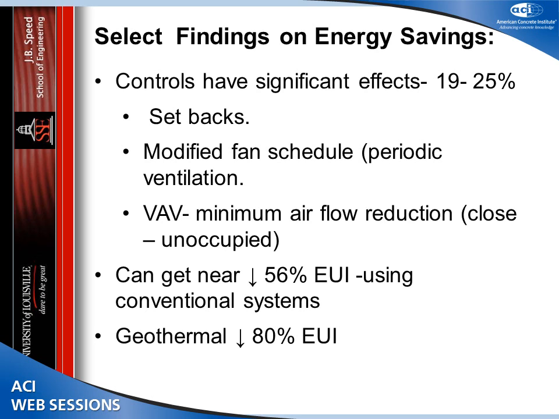We were still able to get a 56% reduction in the energy use in the building with very, very little increase in costs, and we'll talk about that in a minute. We were also, once we took a step up into geothermal systems, we get the huge reduction, as was pointed out in the previous speaker. Selection of your HVAC system has a huge effect on the performance in the building.